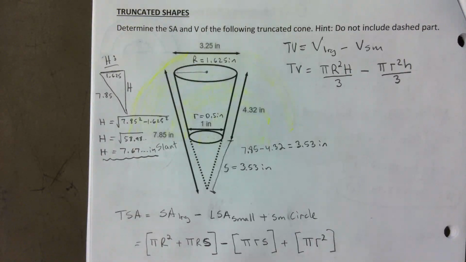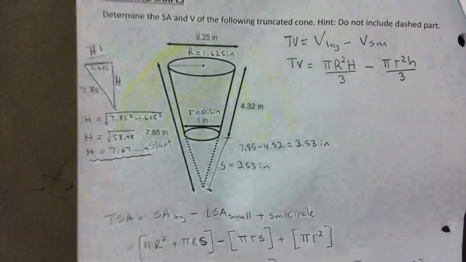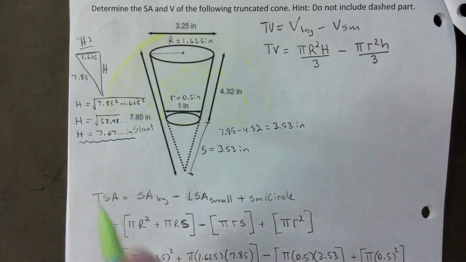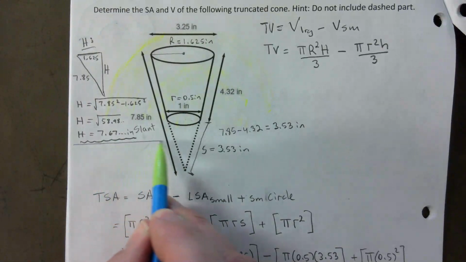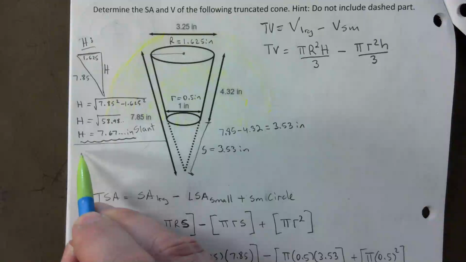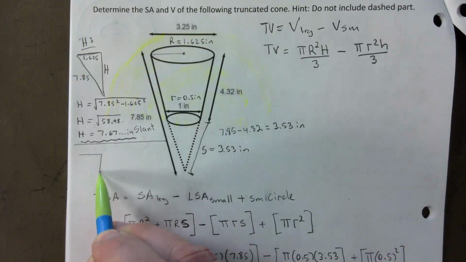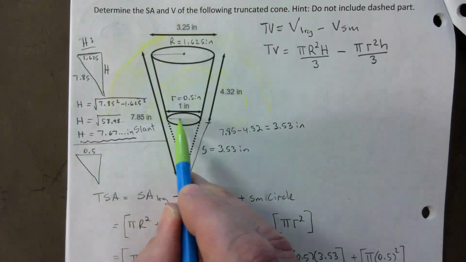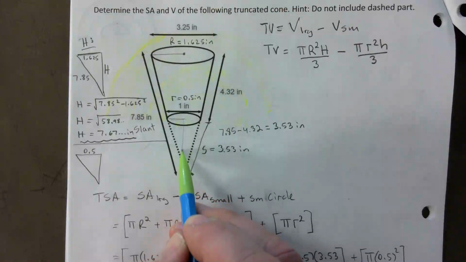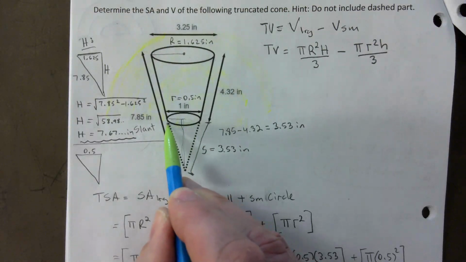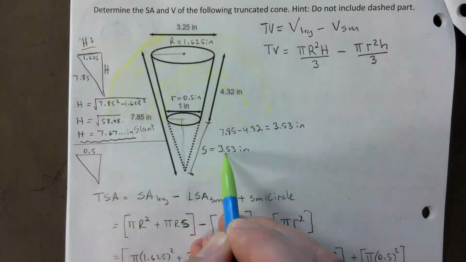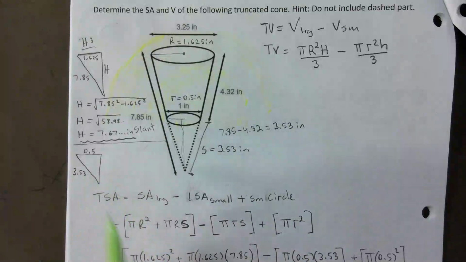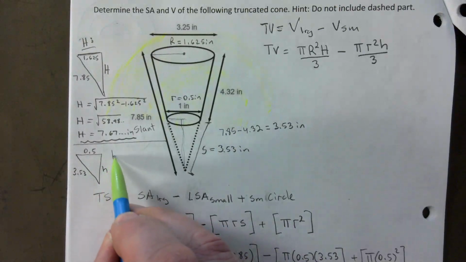Should have started higher up, eh? Lowercase h. This is 0.5. That's going right into here, and you want the height of it. And we do know the slant of the smaller cone is 3.53. So h is right here.